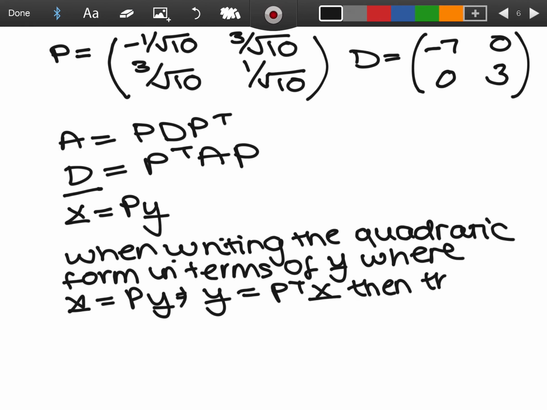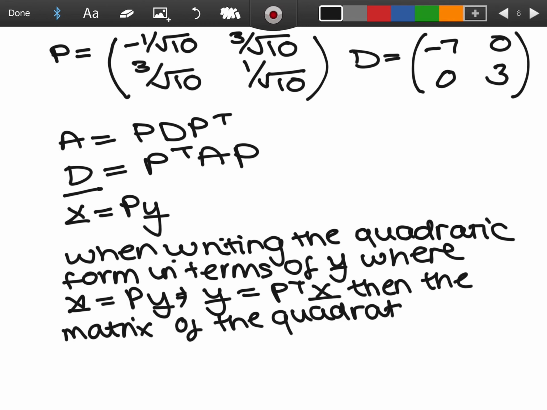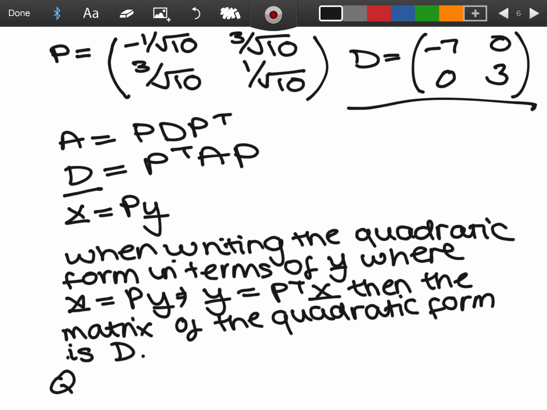Then the matrix of the quadratic form is D.